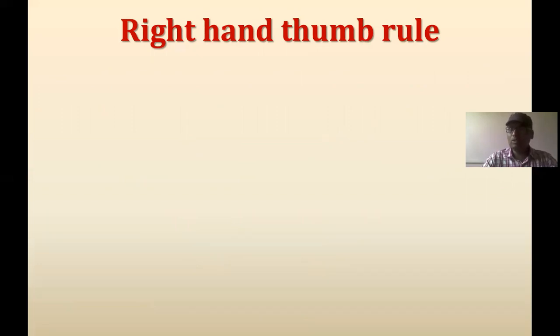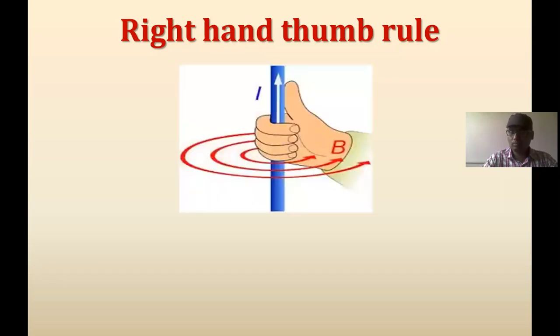With the help of this rule, we can easily find the direction of a magnetic field. Now what is that rule? Here, if you see the diagram, the right hand thumb rule is also known as the right hand gripping rule.